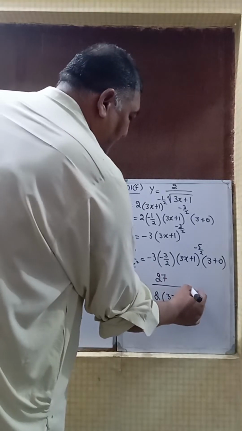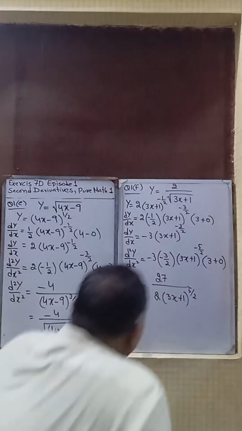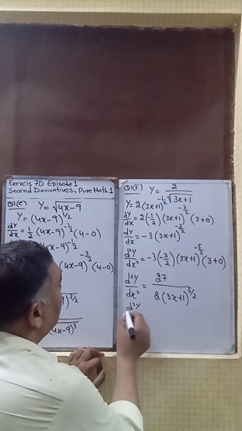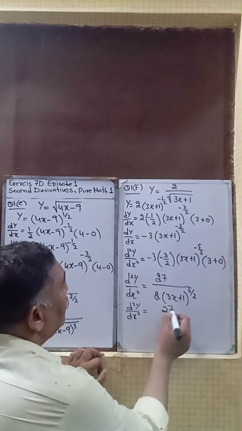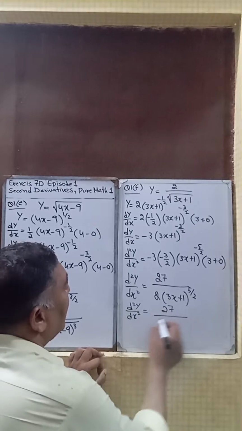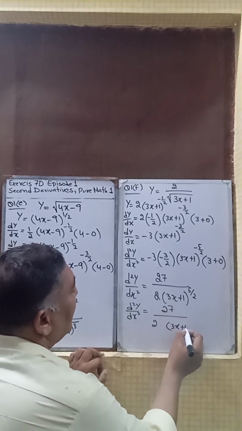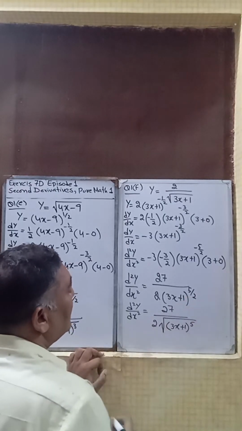power 5 by 2. This can be written as, you can leave it like this, or you can write it like this. This will be 27 divided by 2, and this will be (3x plus 1) raised to power 5. 1 by 2 power means the square root.